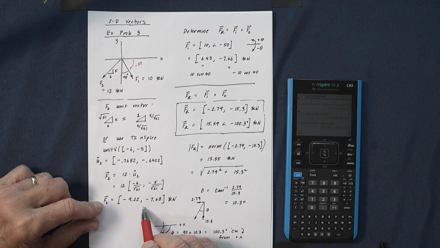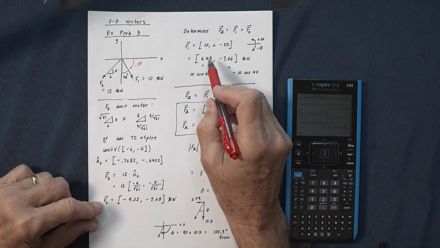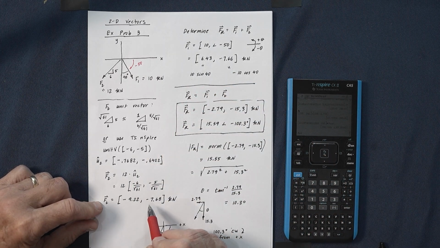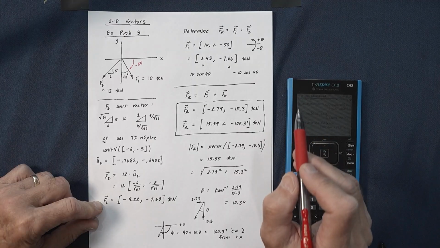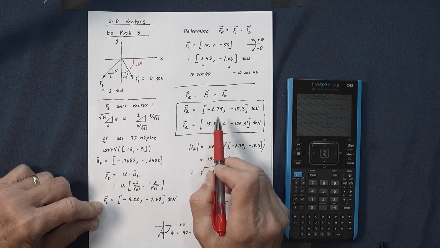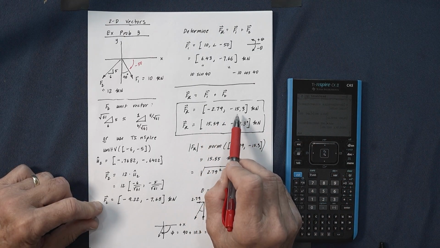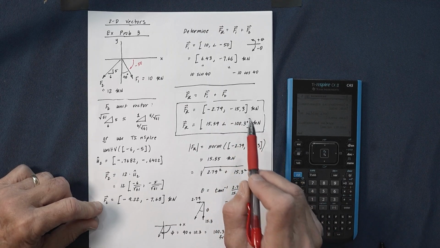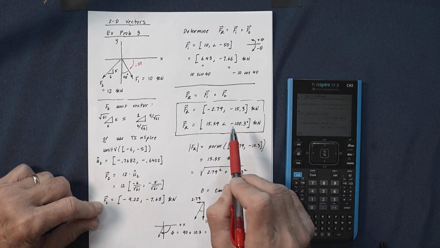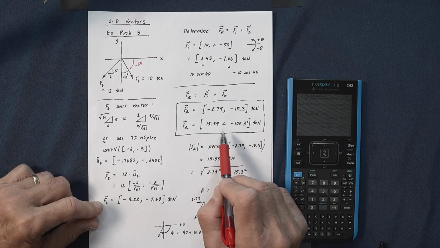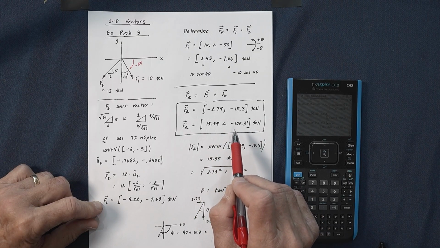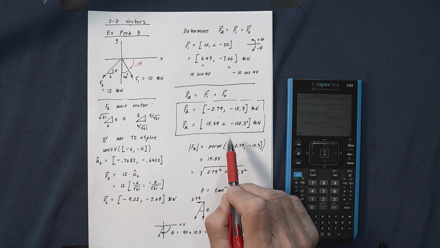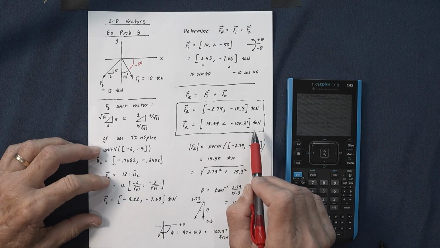If I add F1, plus F2, plus F3, I get negative 2.79, negative 15.3 in Cartesian. And then I can convert that to polar on the calculator and get 15.6 at minus 100 degrees.